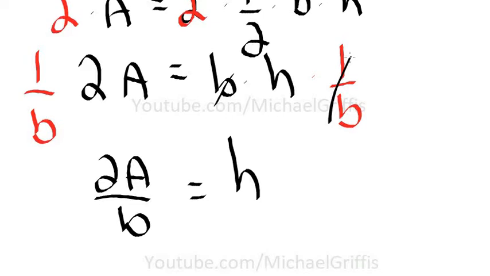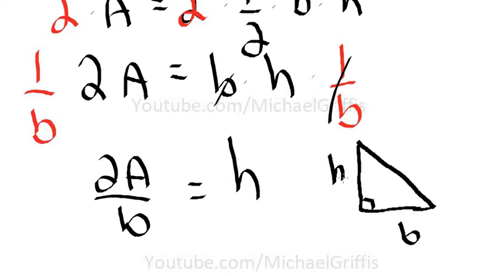Okay, what is this? This is a right triangle here. So this is your b, this is your h. H representing the height of the triangle, b representing the base, and we're finding the area.